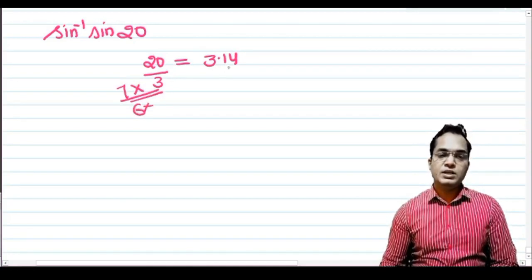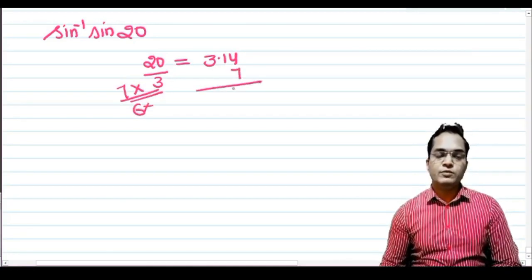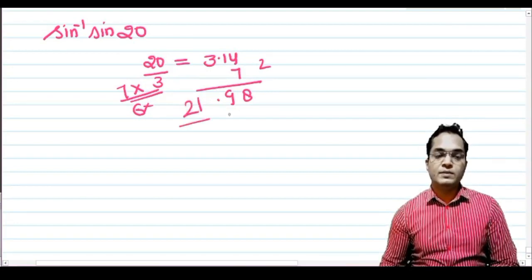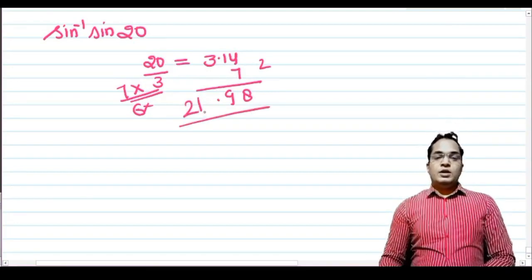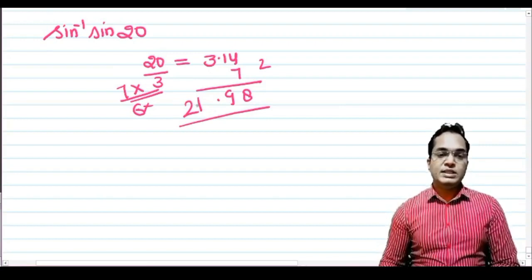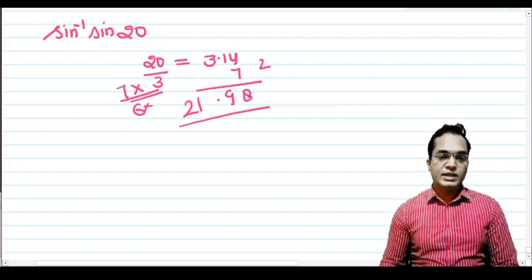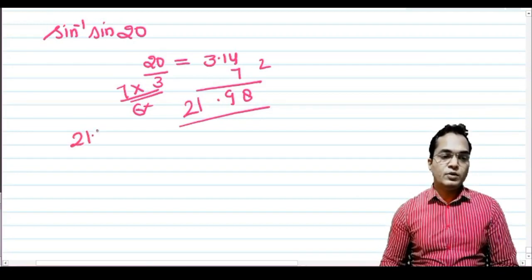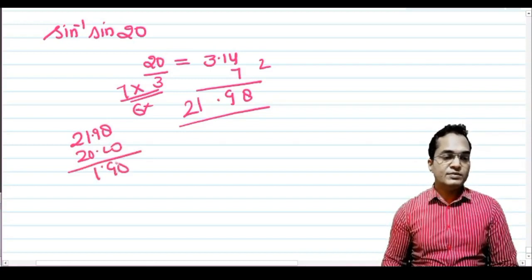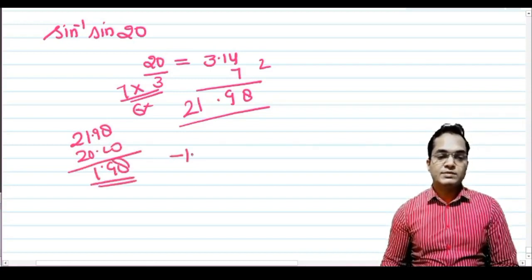Then 7 into 3.14 is 21.98, and subtracting 20 from it gives 1.98, which does not lie between minus 1.57 to 1.57.